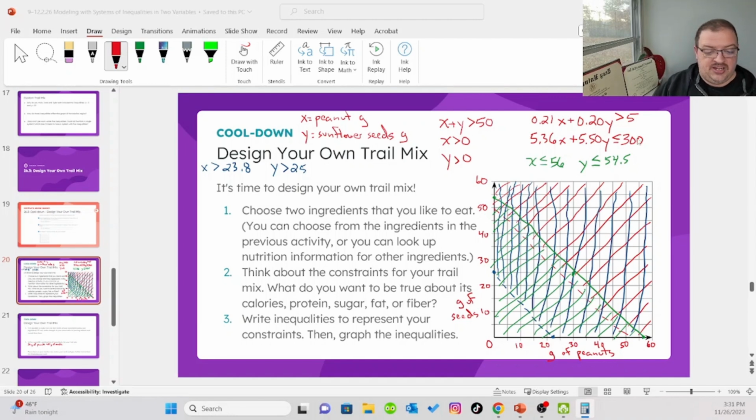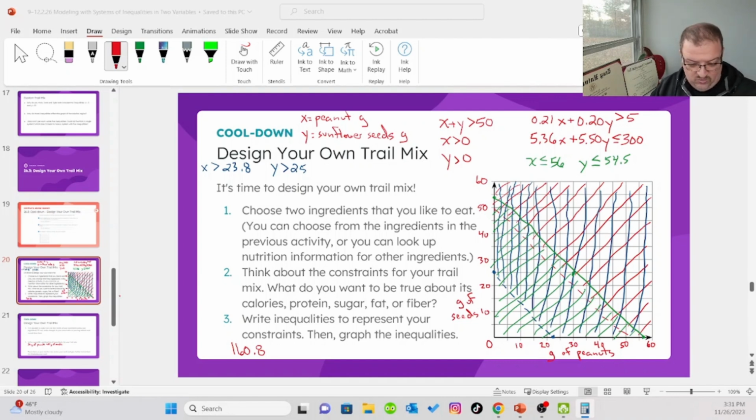And our last one is to check for calories. We have 5.36 times 30 equals 160.8. And we have 5.5 times 25 grams of seeds.